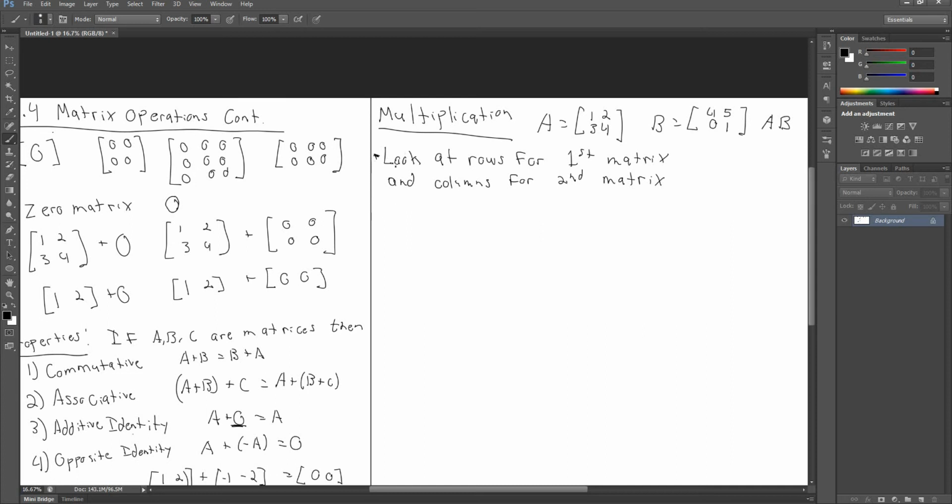So step 1, this is just a general statement. Step 1 would be look at A row 1 and B column 1.